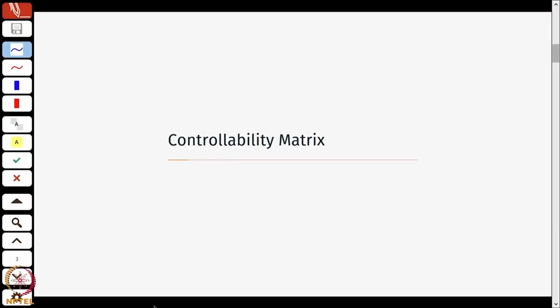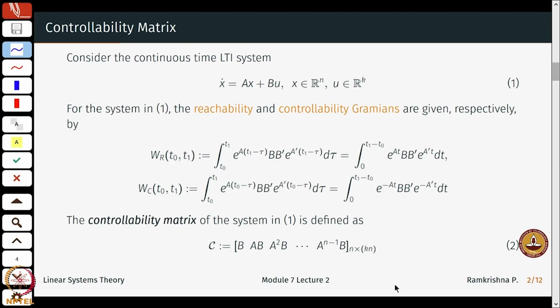So, in this lecture we will also see something familiar from what we would have done earlier, called the concept of the controllability matrix. Whenever we talk of controllability, the first course on state space will tell us about the controllability matrix or the Kalman rank conditions.